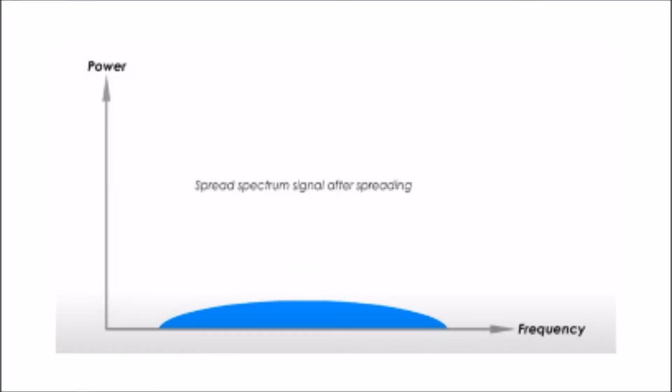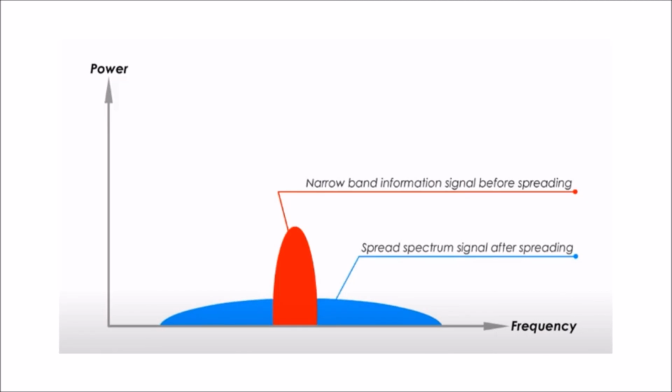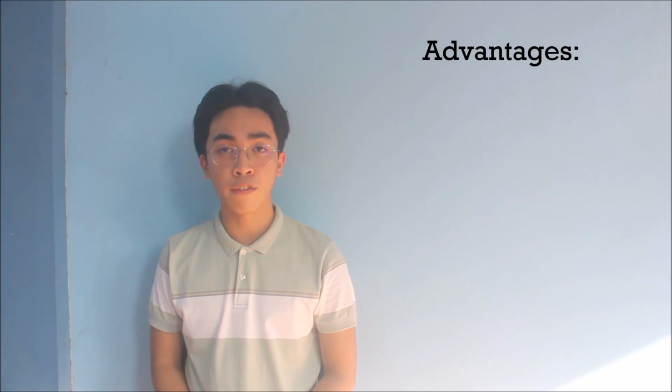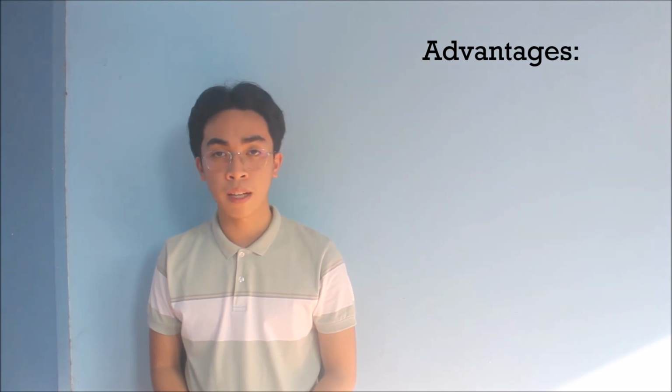After spreading, the signal takes a much larger bandwidth. It uses the same power but the power density is spread out, which results in lower power and noise-like signals, making it harder to detect and interfere with. Overall, I can say that there are three advantages of direct sequence spread spectrum.